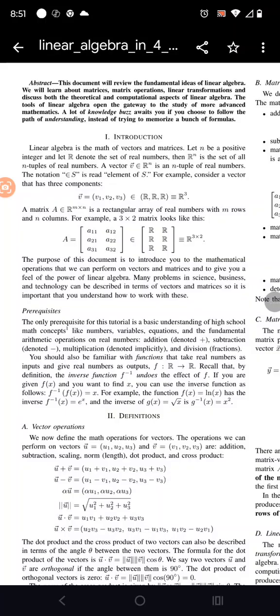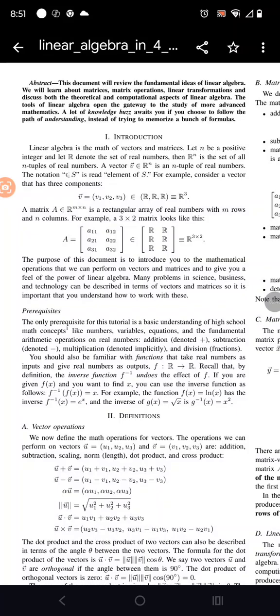You should also be familiar with functions that take real numbers as input and give real numbers as outputs. So a function, a mapping from real number to real number. Recall that by definition the inverse function f inverse undoes the effect of f. If you are given a function of x and you want to find x, you can use the inverse function as follows: f inverse of f of x equals x.